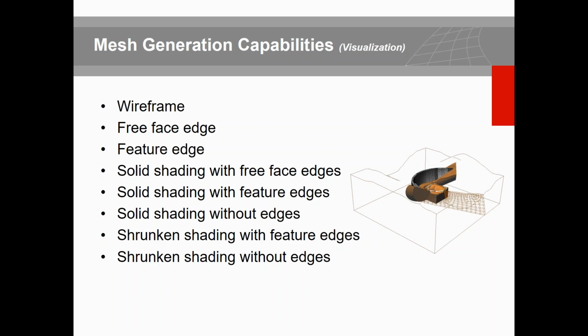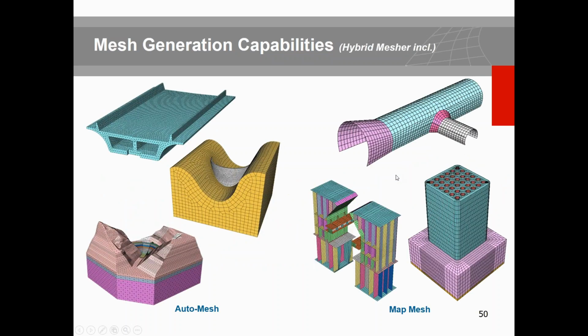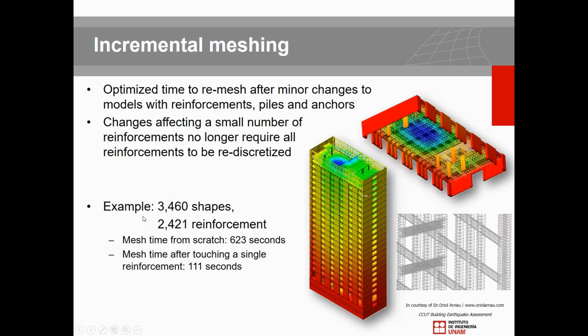You may use different view options in order to clarify and visualize different parts of the model to make sure everything is in place as it should be. These are some of the outputs for the meshes with a nice hexa-dominant, kind of structured model, and tetrahedron, say, dominant models.